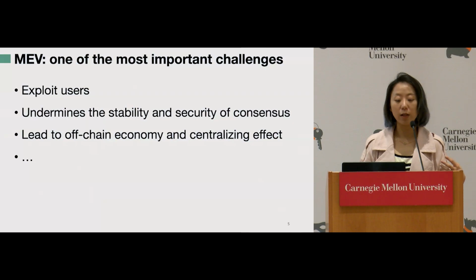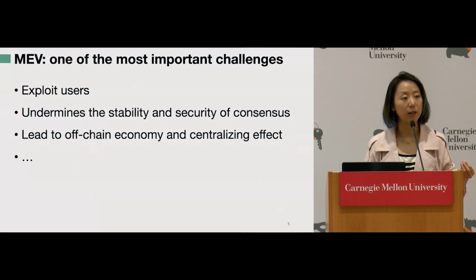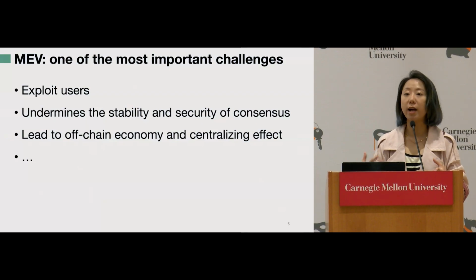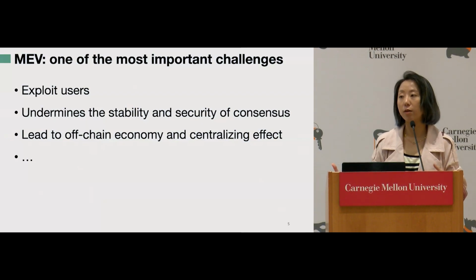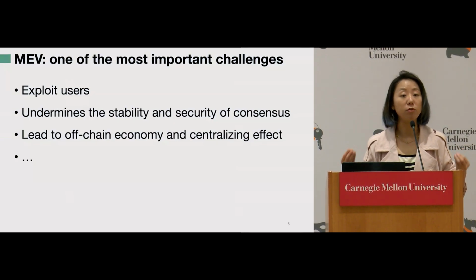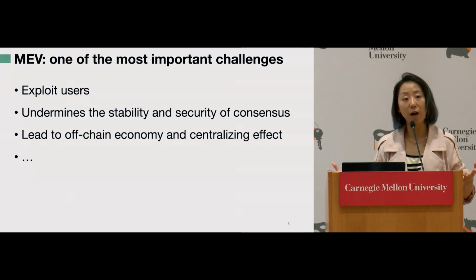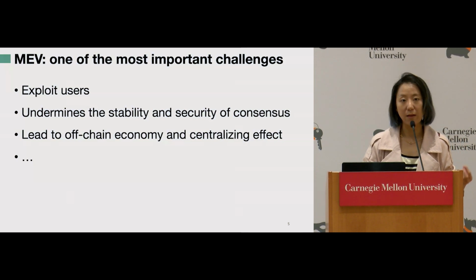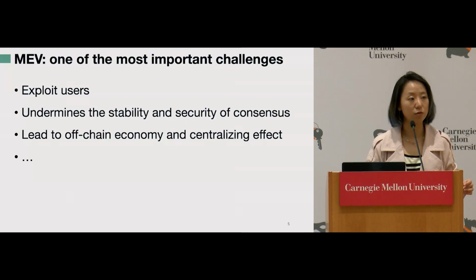And it also leads to an off-chain economy because these powers incentivize the users to form coalitions or sign off-chain contracts with the miners to get favorable positions. This eventually will lead to centralizing effects, which contradicts our motivation to start with a blockchain, which is decentralized. So all these bad effects make MEV one of the most important challenges to address in blockchain nowadays.